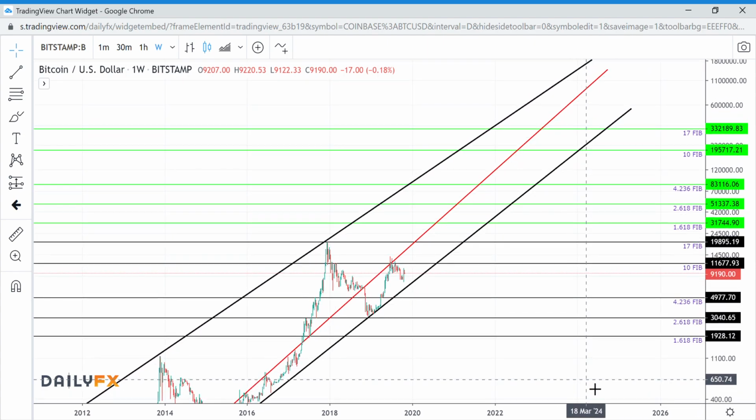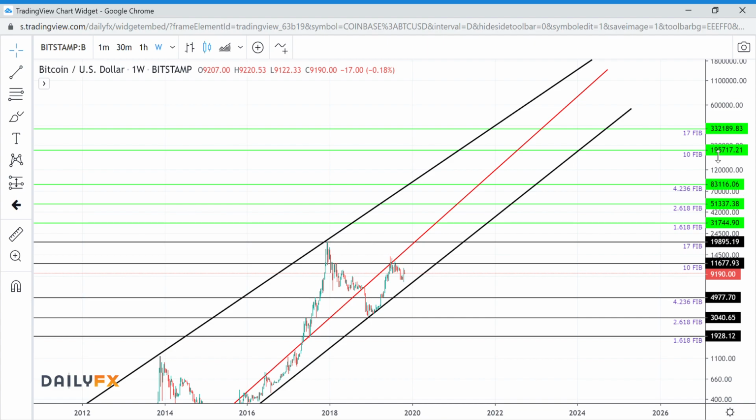So just let that sink in, based off the past, the future for Bitcoin, how high this thing can go. I know there's a lot of people who say 50,000, they say a million, but data is data, all right? And based off the past movements of Bitcoin, we can expect to see $31,000, $51,000, $83,000.